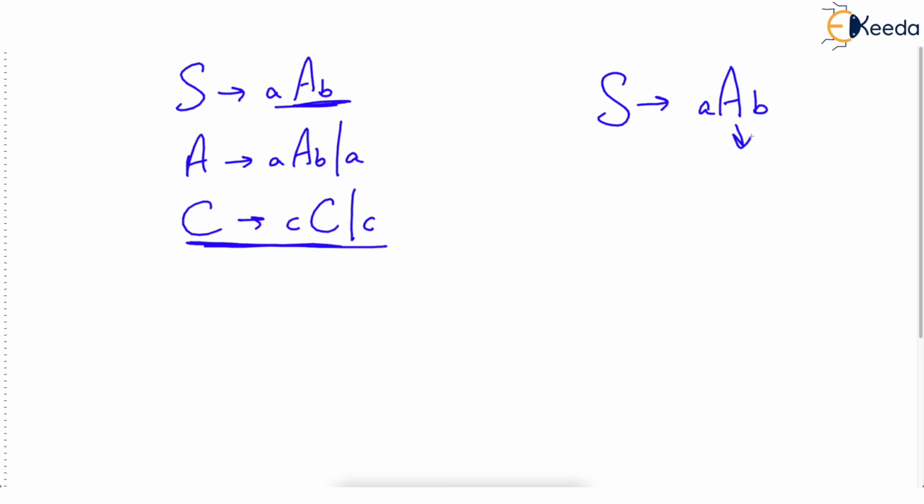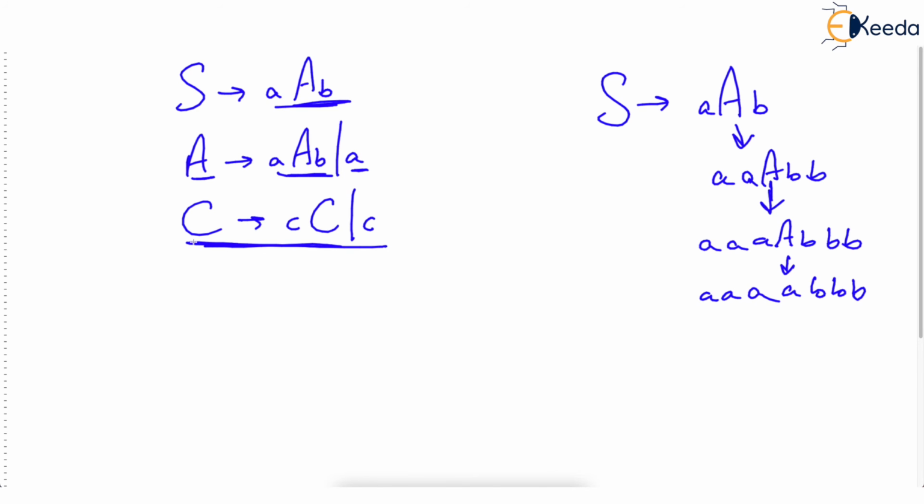And in the next step, A can give us again AAB, and this A can repeatedly give us AAB. And finally, this A can give a single A. Just check.